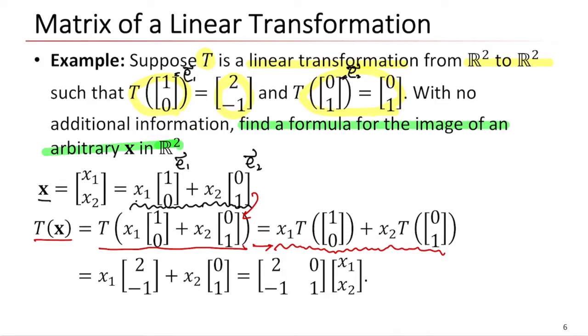Okay. So from the definition, we can represent this one as (2, -1), and this one can be represented as (0, 1). So in other words, we can say that this is one column vector, and this is another column vector, and these are the coefficients, right?